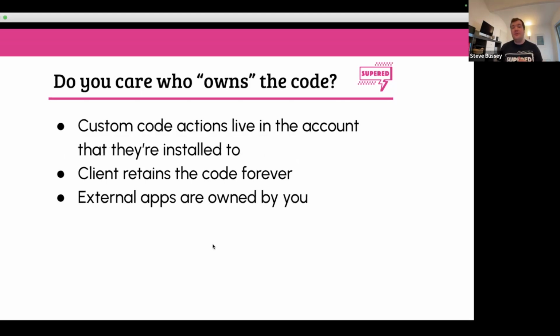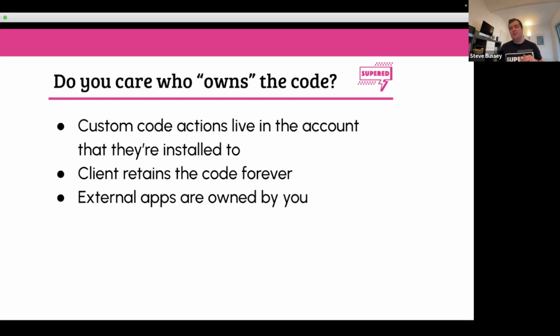The other question is if you care who owns the code. This is extremely important for partners and service companies, because if your customer expects to actually own the deliverable, as in they have the intellectual property rights or they actually have it in their account, then things like custom code actions are very useful, because that is how custom code actions work, and the client retains the code forever.